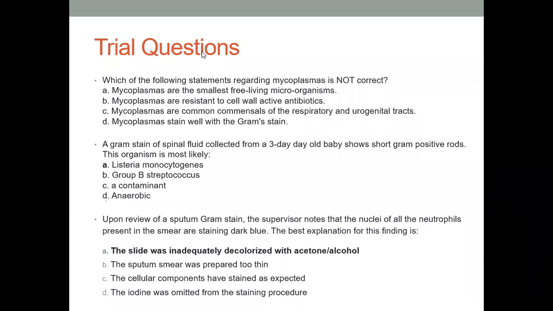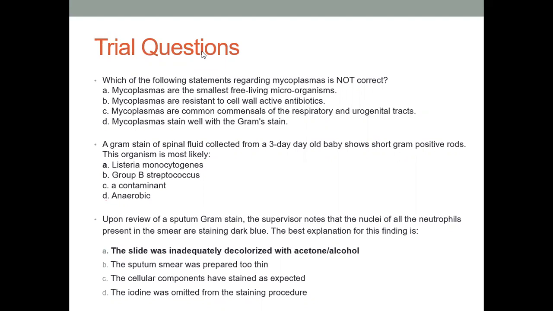Sometimes when you read the questions, you should have an idea about the question. Secondly, you should look at the answers. You can rule some of them out, because in CSF you don't expect to get a contaminant, so you rule out that one. Anaerobic, you don't have anaerobic organisms causing CSF meningitis, so you rule that one out.